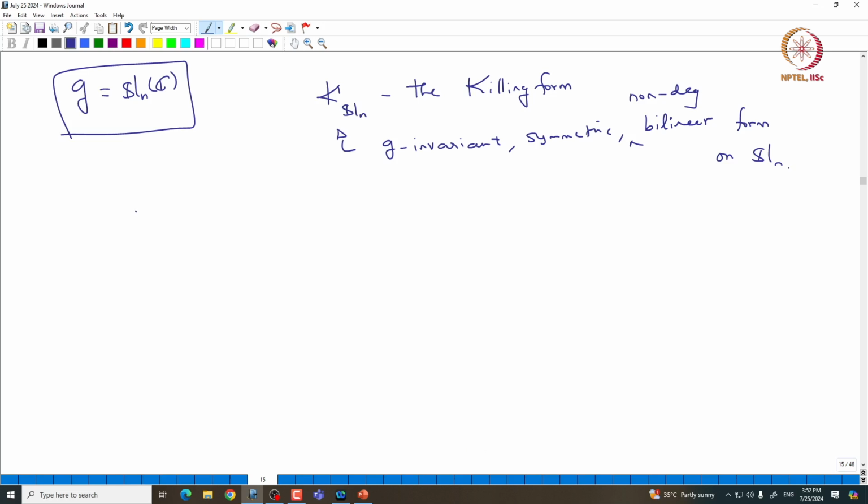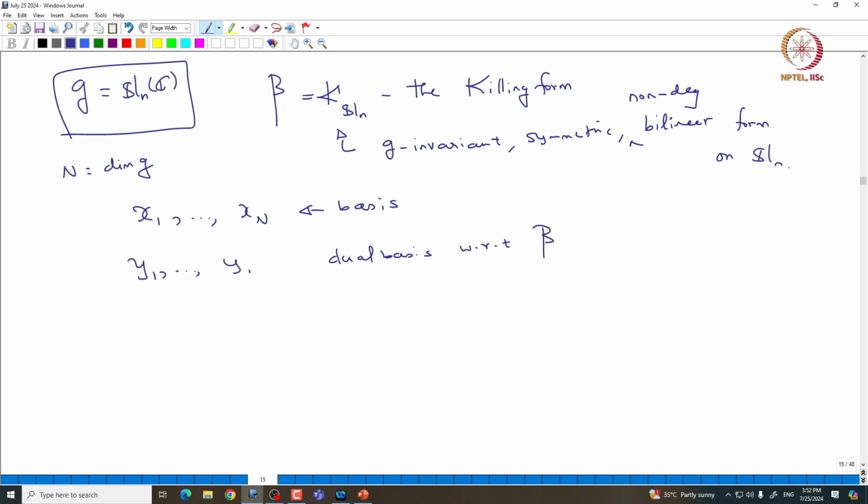But anyway, if we take any basis x1 etc. xn, let us say n is the dimension of G, so this is the given basis, then we can talk about the dual basis of this with respect to the Killing form. Let us call the Killing form beta, and the dual basis y1 etc. yn. That means it is defined as follows: beta of xi, yj is given by delta ij.